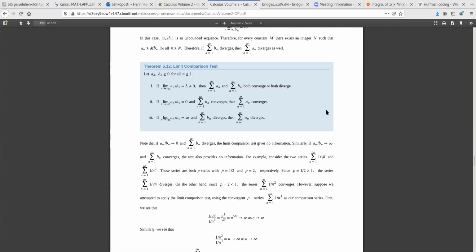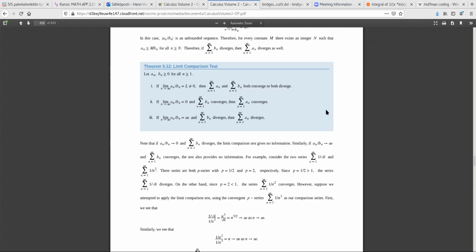So this is a really powerful test, comparison-wise. We don't have to actually compare the actual numbers A and B, we only have to look at their ratio. Does it go towards 0? Does it go towards infinity? Or does it go towards some finite number? That's actually a pretty nice way of determining this.